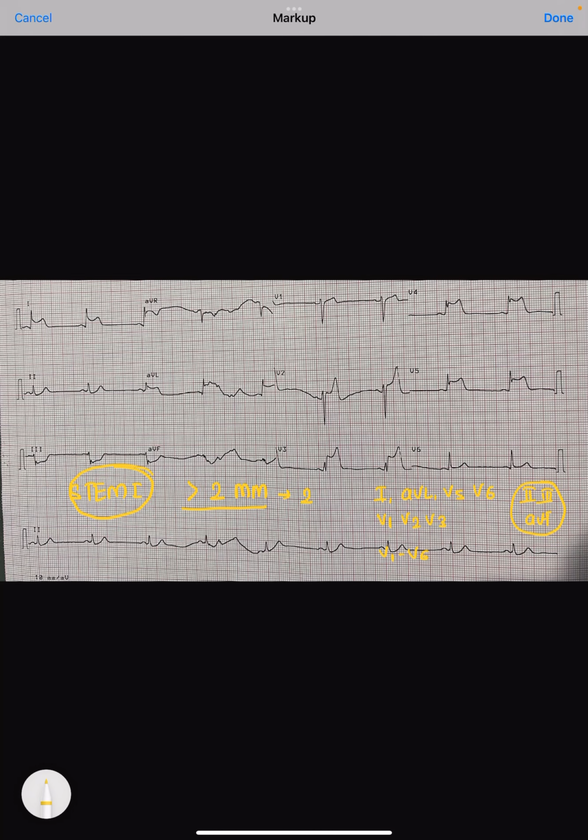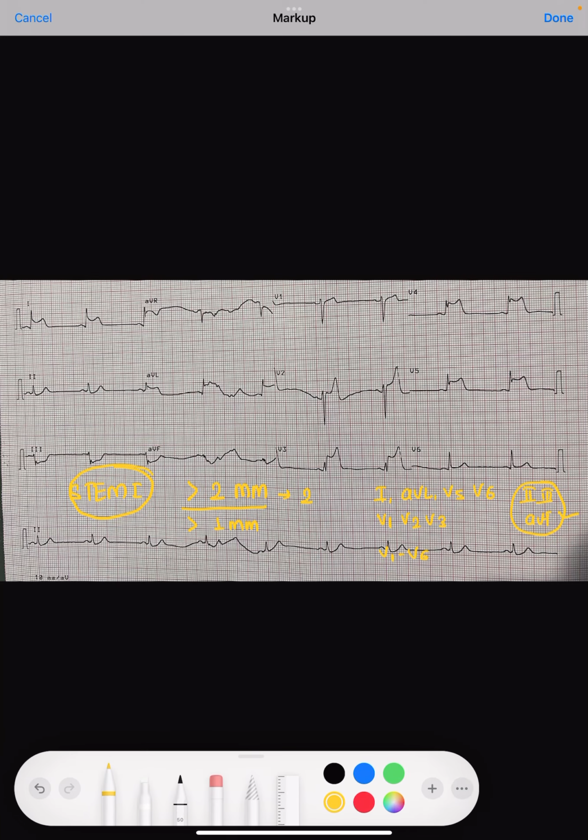And if it is a limb lead, it has to be more than 1 millimeter, again in two consecutive leads. So leads 2, 3, and AVF are consecutive leads, not lead 1 and 2. These are not consecutive leads.